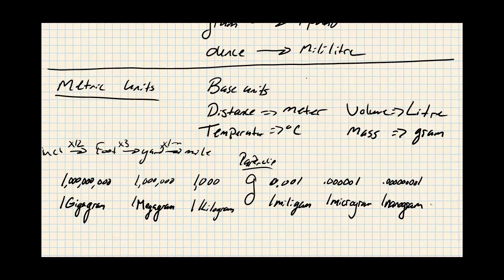And to make life even easier, you can abbreviate all of these to say 1 gigagram, 1 megagram, 1 kilogram, 1 gram, 1 milligram, 1 nanogram. Now take a pause at the microgram.